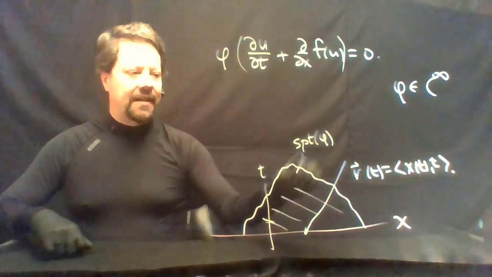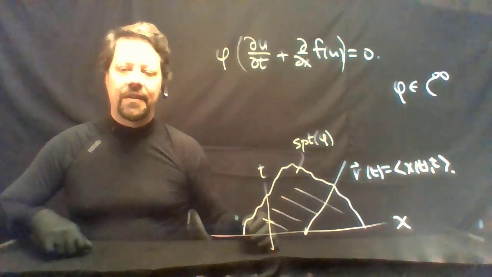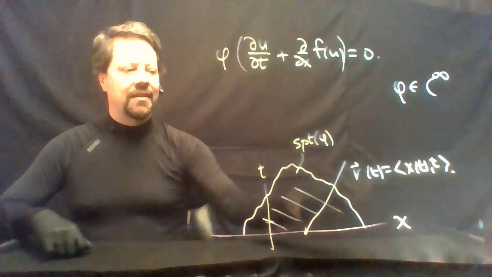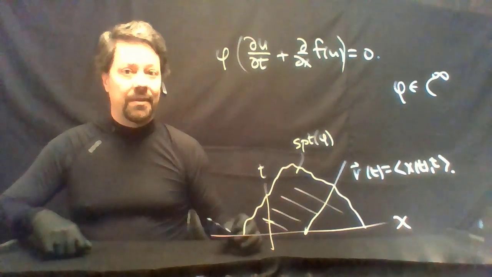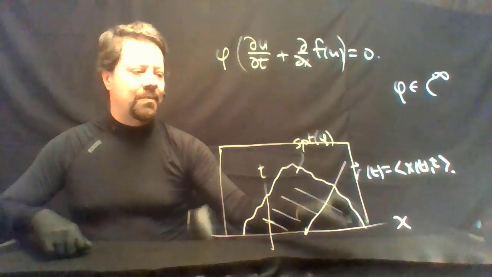The support of phi is the closure of the set of points on which the function is not 0. So everywhere outside of that region, this function phi will be 0. We're going to integrate in a rectangle that contains the support.